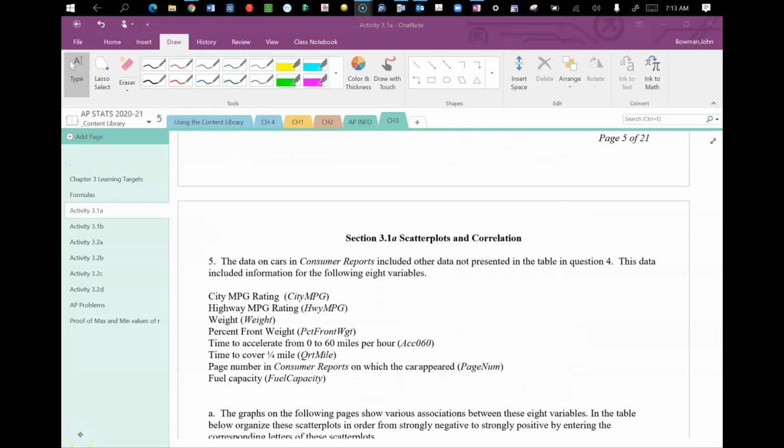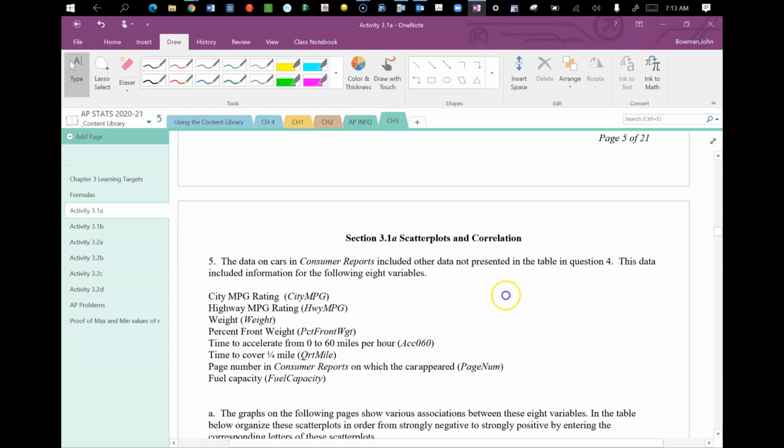One of the things that students often struggle with early on when we're looking at scatter plots and associations between two quantitative variables is how to describe the strength of the association. So we're going to look at some examples of scatter plots, and you're going to rank them from weakest to strongest. So here's what we have.